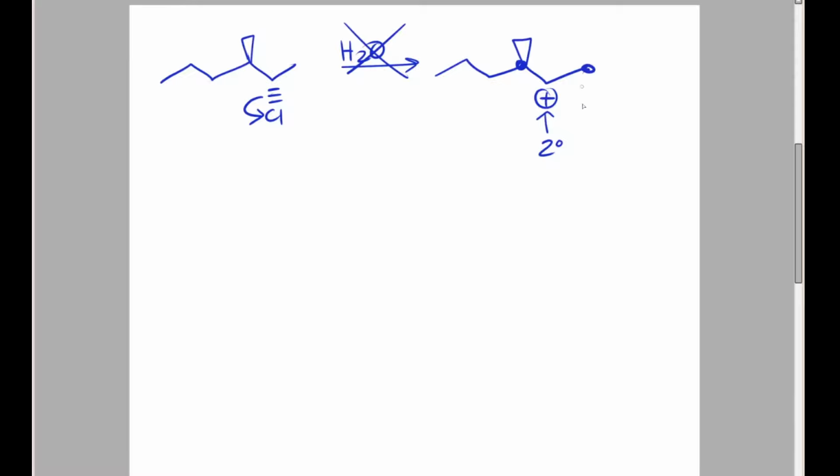It has 2 carbons adjacent to it, but the carbon that's adjacent to it is a tertiary carbon, because remember, the methyl group counts as a carbon, this counts as a carbon, and then this carbon that the carbocation is on also counts as a carbon. And remember that the higher the number, the more stable it is. So we can rearrange and hopefully get the carbocation onto this carbon that's attached to the methyl group.